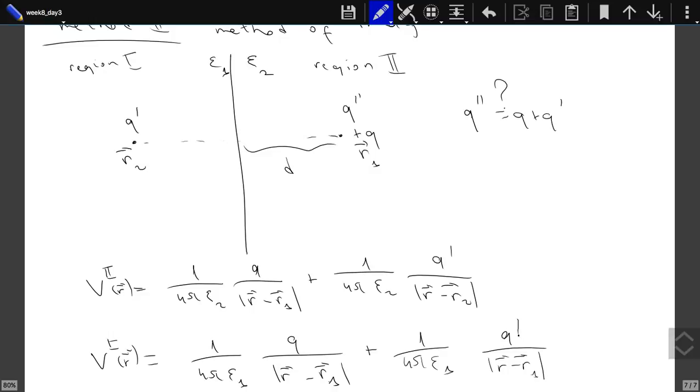So q double prime is basically the effect of the image plus the original charge. Well, that was kind of my intuition, so I would rather not put it yet. Eventually, if that comes out to be correct, then everything fits. If that turns out not to be correct, then we have to think of something else.